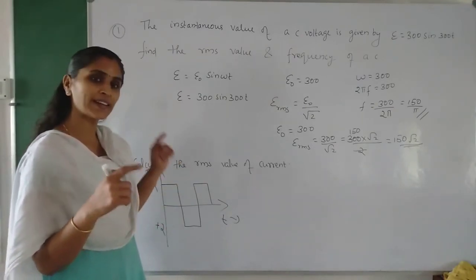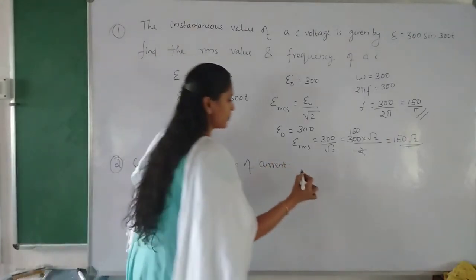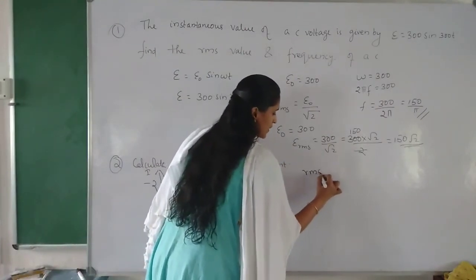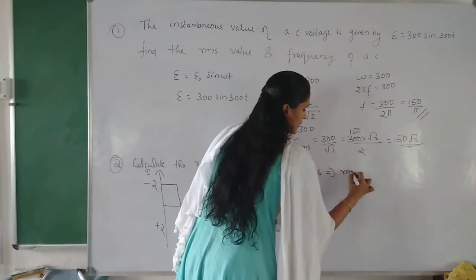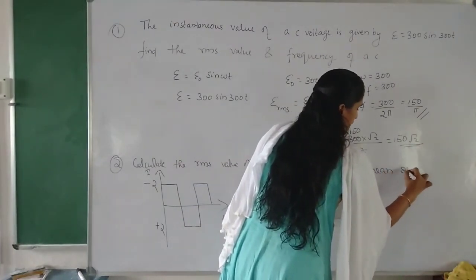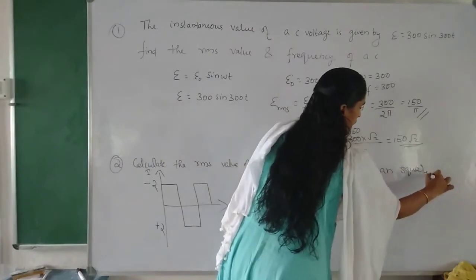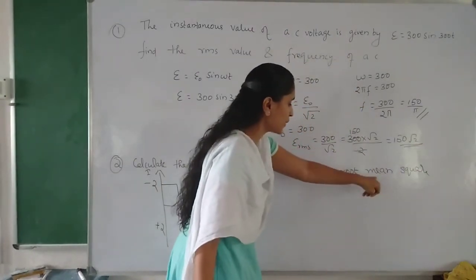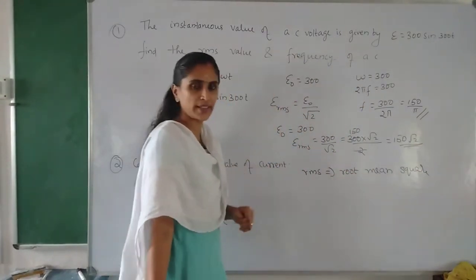What is meant by RMS? RMS means root mean square. You have to square the values, then find the mean, and then find the root.